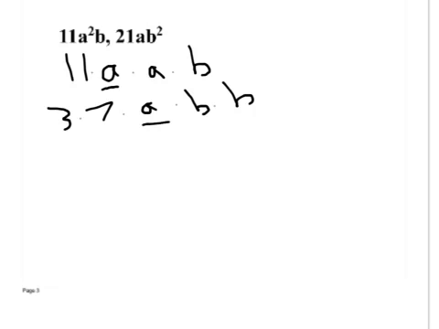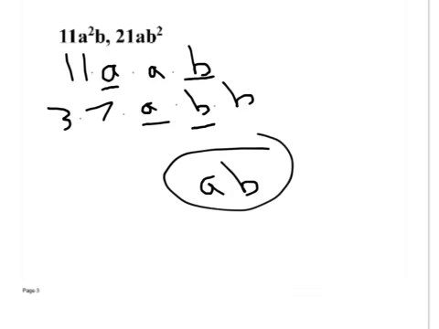Yes, it matches up here. The second a? No. What about b? The b's match up. The second b? No. So we just multiply what we got, a and b. There's your greatest common factor, ab. If you look, ab goes into both of those. All right, any questions on how to do this? There's your assignment.